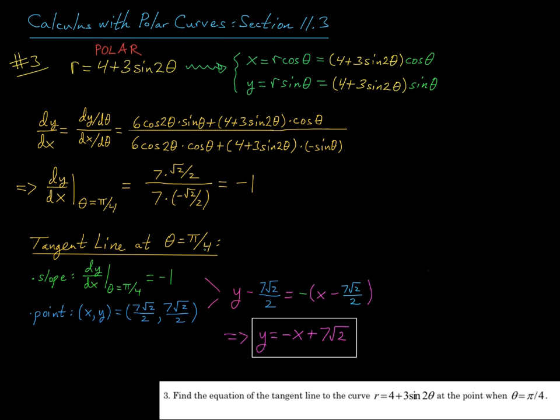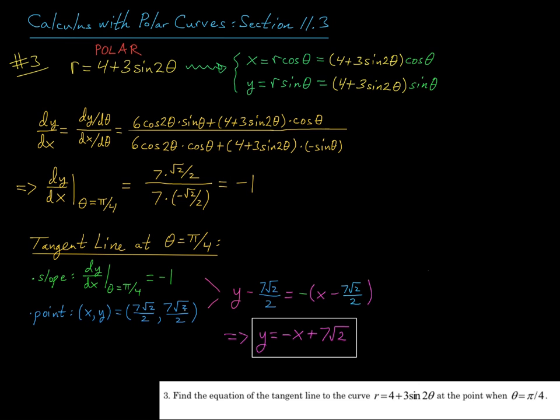If I plug pi over 4 in for theta in this expression for x, this is a 7 times the cosine of pi over 4, so that's 7 root 2 over 2. And likewise for y, that's 7 times the sine of pi over 4, and that's also 7 root 2 over 2.